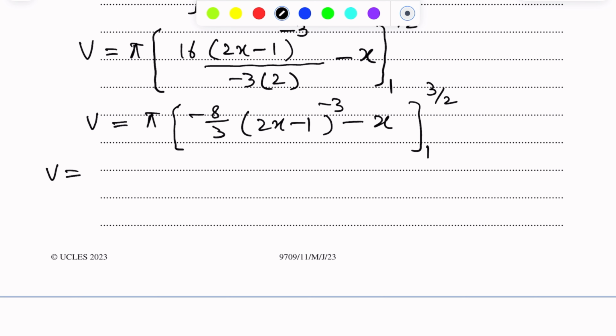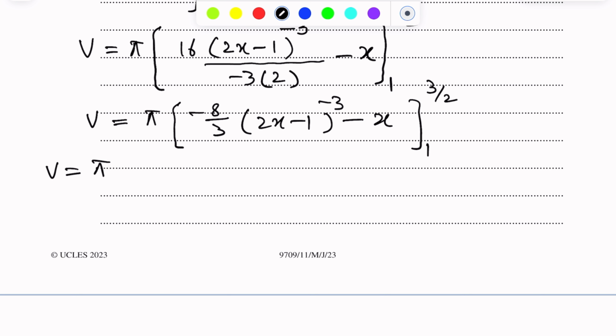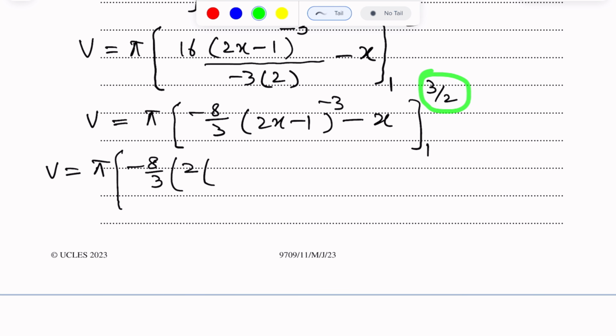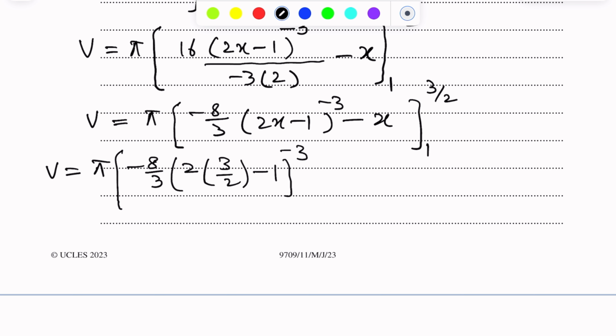V will become pi, minus 8 over 3, 2 into, we are applying the upper limit, in place of x we will put this 3 over 2, 2 into (3 over 2) minus 1, power is negative 3.